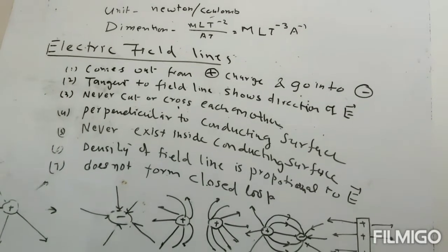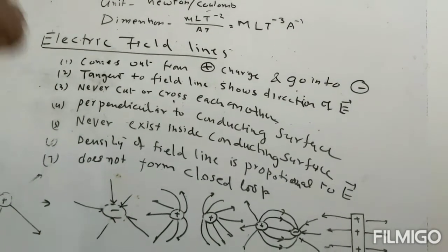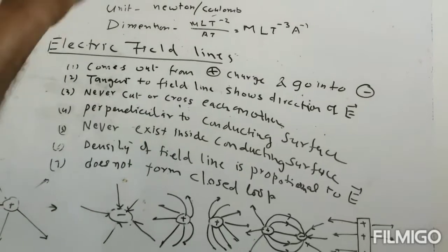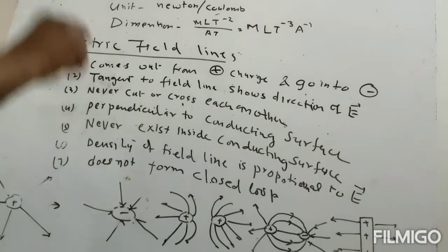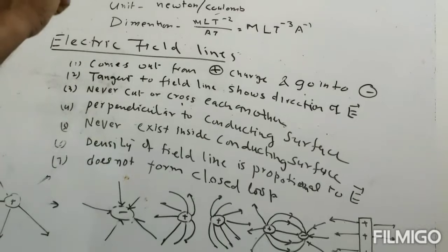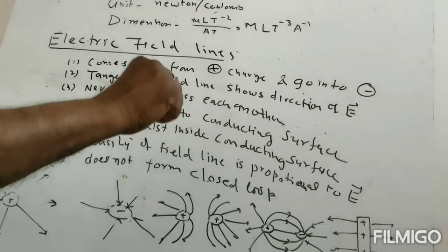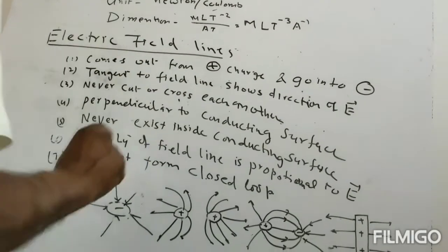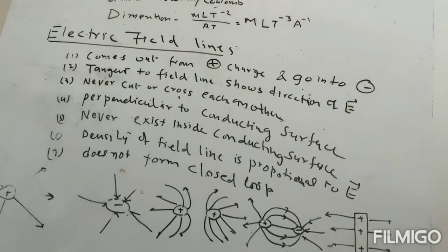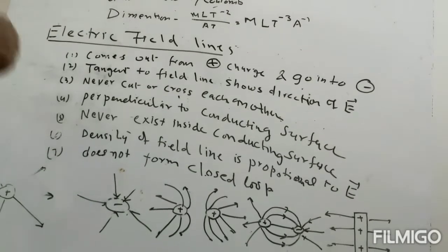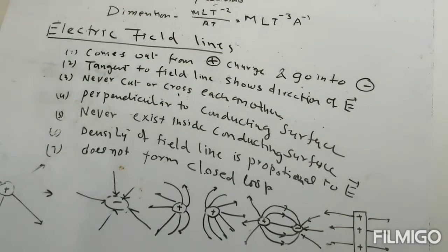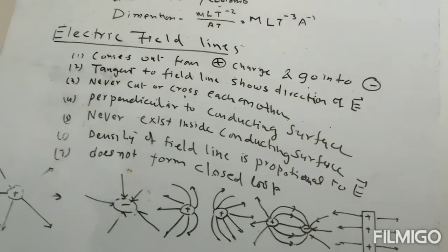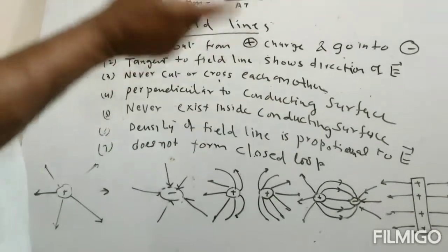The direction of electrical field lines is perpendicular to the conductor. The electrical field lines never exist inside the conductor. The density of electrical field lines is proportional to the electrical field, meaning if the density of electrical field lines is more, then the electrical field will be more.